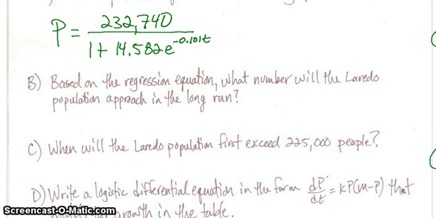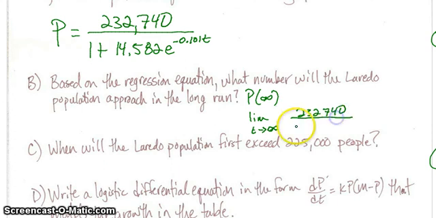Okay, so in the long run, that means we're looking at P of infinity. So let's let the limit as t approaches infinity of our quantity, 232,740 over 1 plus 14.582 e to negative 0.101 times, we're going to put that infinity in there, and this goes to 0.